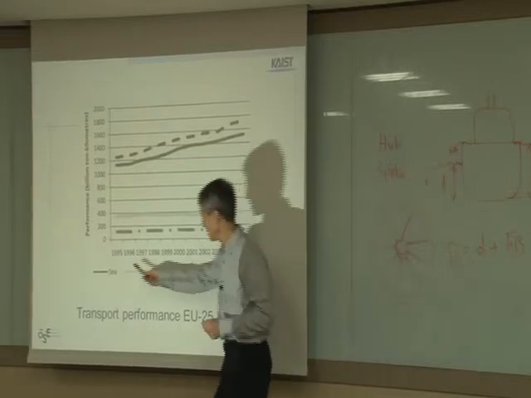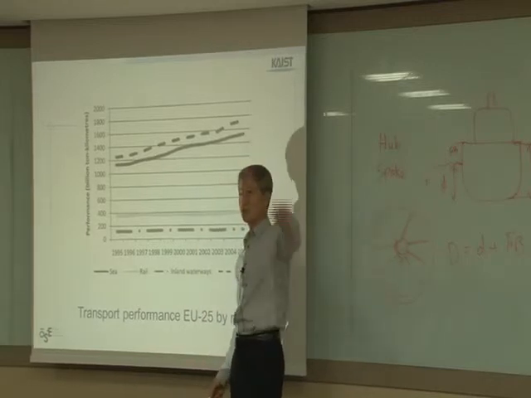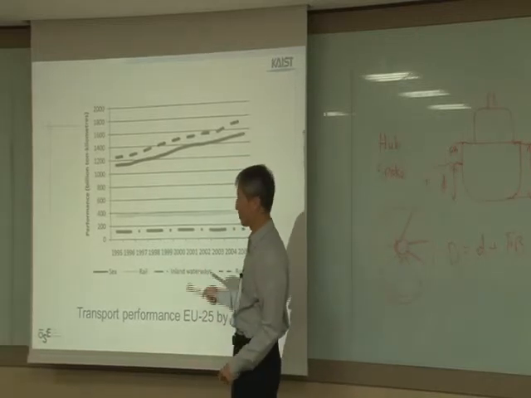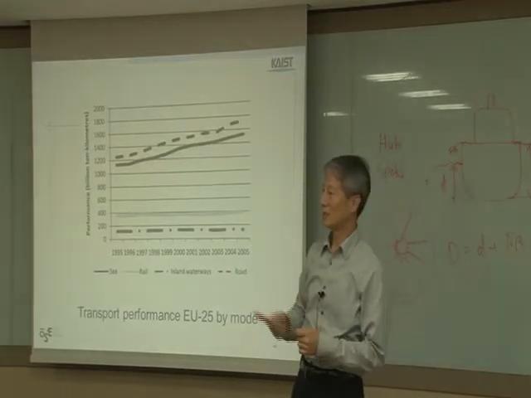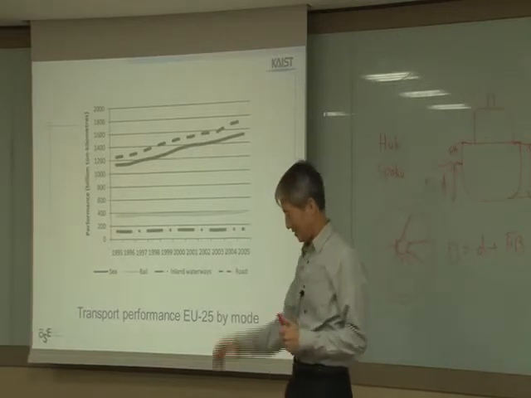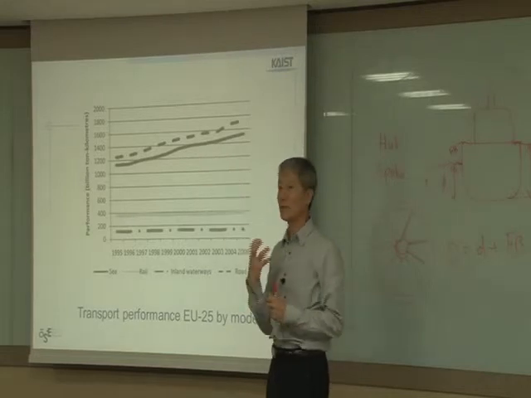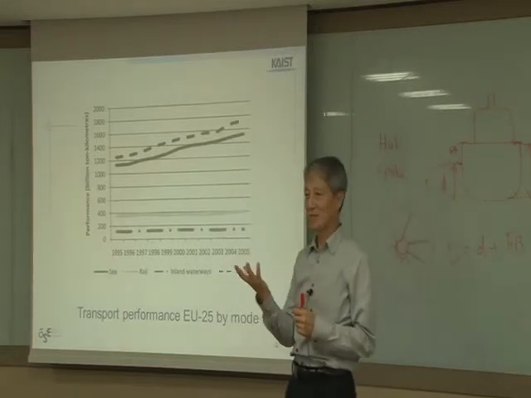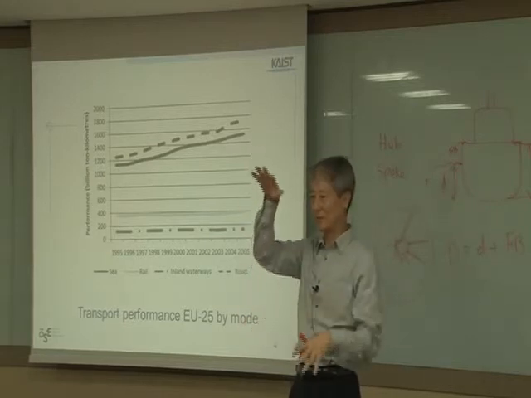Another one is inland waterway. So this is sea, short sea, around Europe, and inland waterway is riverside, canal, river. It's the lowest. But it is ton kilometer, not money. Money is different, right? Money and ton kilometer are totally different.